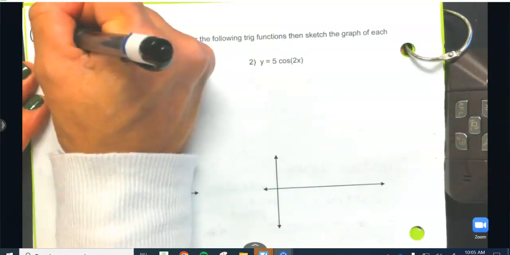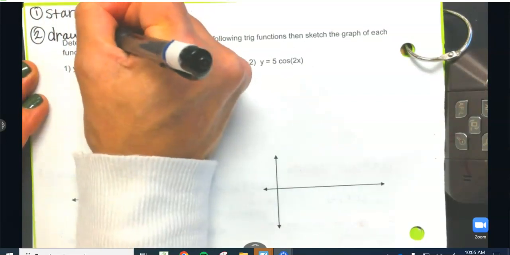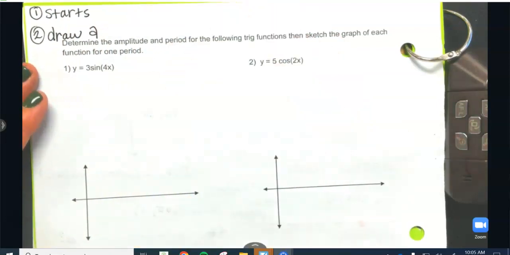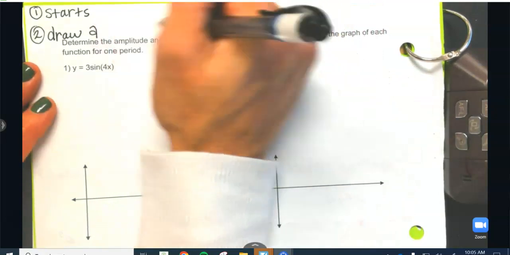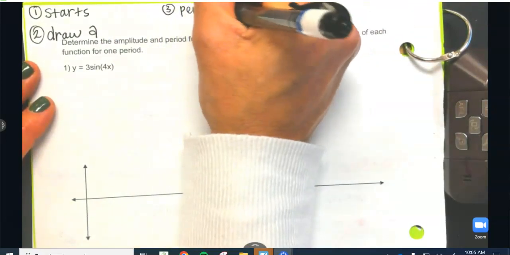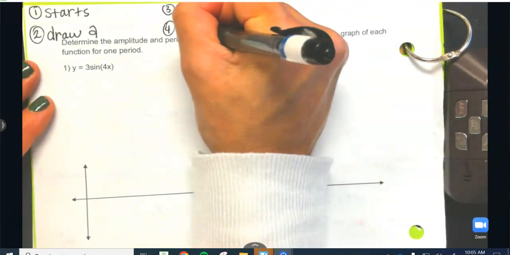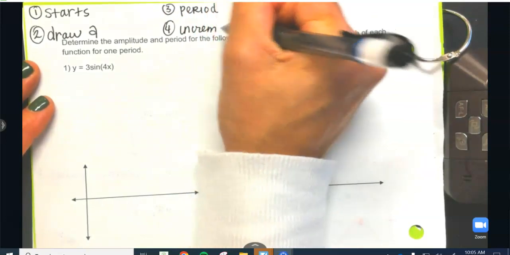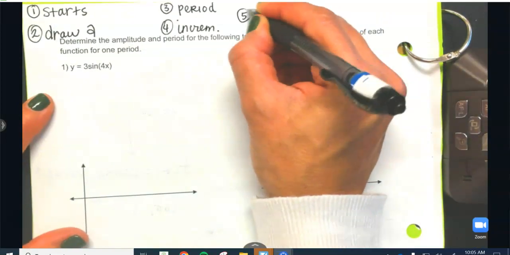Step 2 is to draw the a value. Remember, it's a stretch or a shrink. It's called amplitude. You do need to know it's called amplitude. Number 3, we're going to find the period. Number 4, we're going to find the increments. I'm just going to abbreviate. Remember, the increments are what we put on the x-axis. And step 5 is just to graph it.